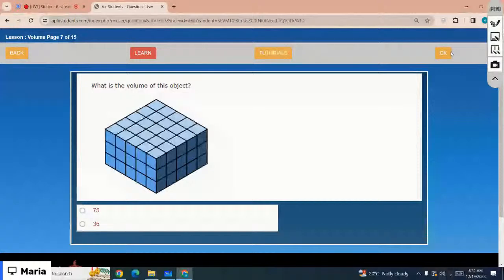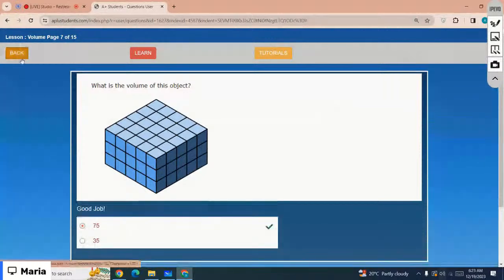The correct option is not 35, it is 75. You can see here this way it is 1, 2, 3, 4, 5. This way it is 1, 2, 3, 4, 5, and the height is 1, 2, 3. So you need to do 5 times 5 times 3. 5 times 5 is 25, and 25 times 3 is 75. Think and then answer. The correct option is 75.